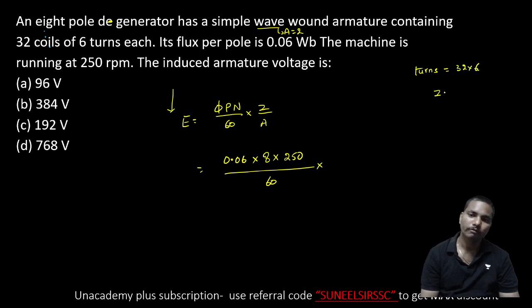Each turn has 2 conductors, so the number of conductors is 32 into 6 into 2. A is equal to 2. So let us calculate here.